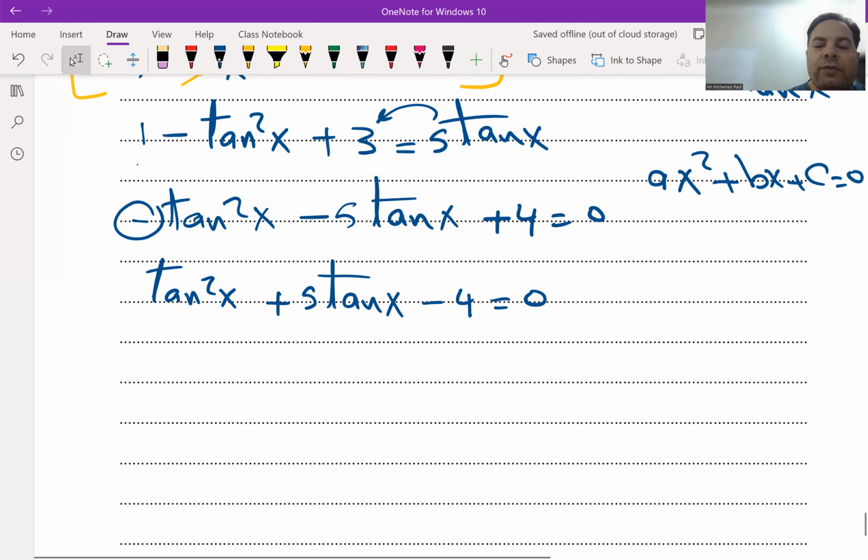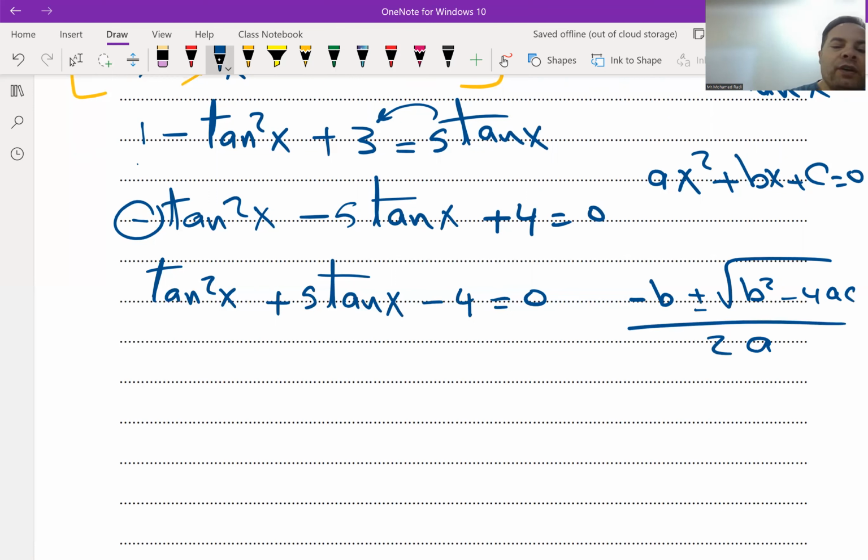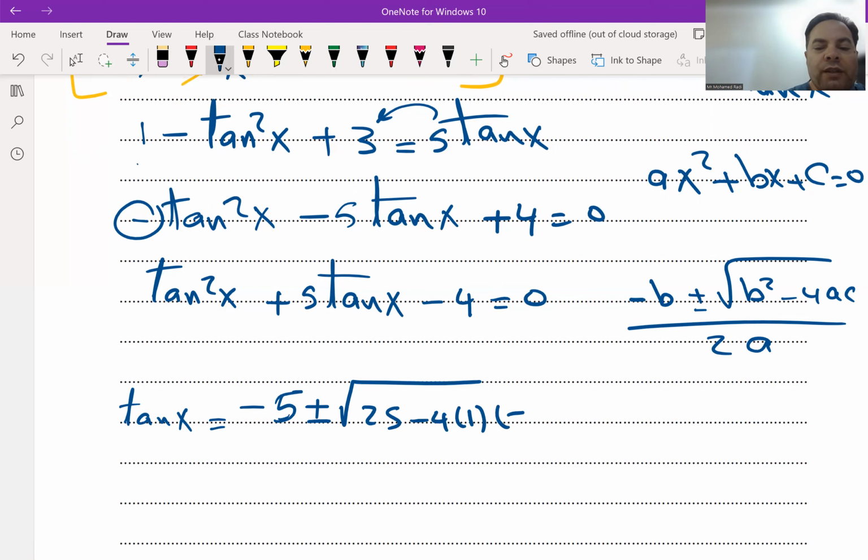Solve the quadratic equation by using the quadratic formula, -b plus or minus square root of b squared minus 4ac, all divided by 2a, where x is now tan x. So tan x is equal to negative b, b is 5, plus or minus square root of b squared, which is 25, minus 4 times 1 times c, which is -4, all divided by 2a, which is 2.